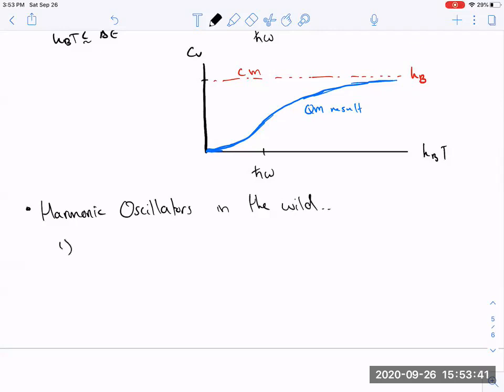Well, one case is that of intramolecular vibrations. So imagine I have some diatomic, some heterodimer.